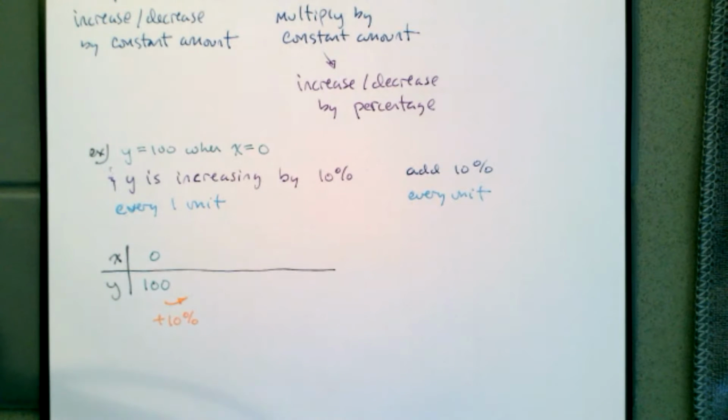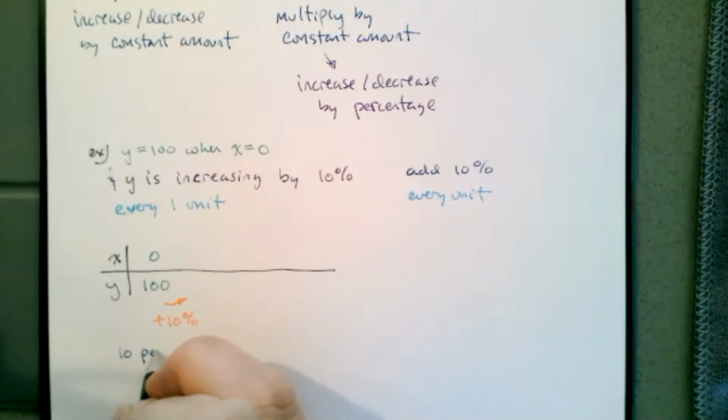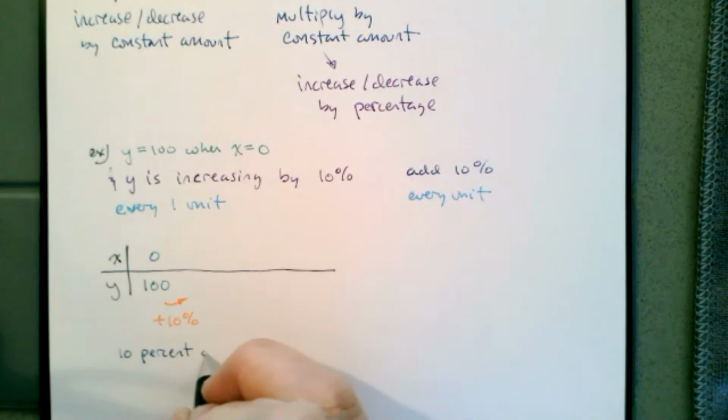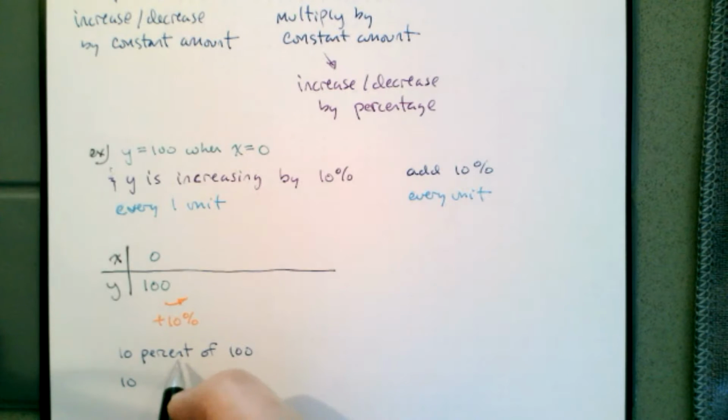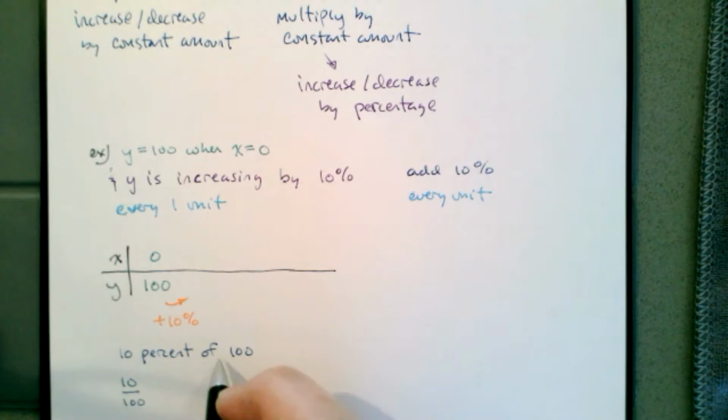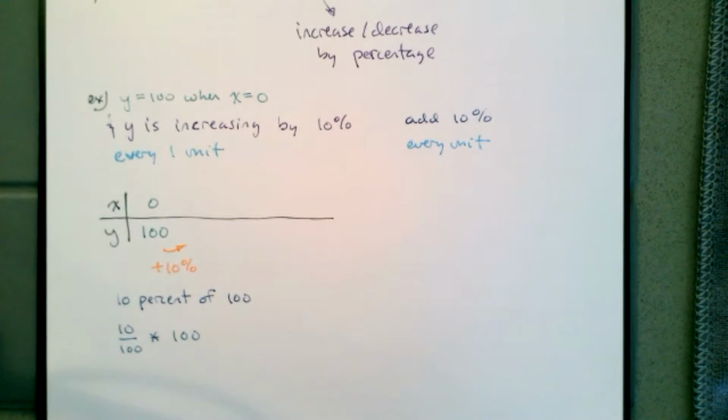So I need to know what 10% of 100 is. So of means multiply. So when I go down here and I calculate 10% of 100, so I could take 10. Percent is divided by 100. Of is multiply. So 10 over 100 times 100.